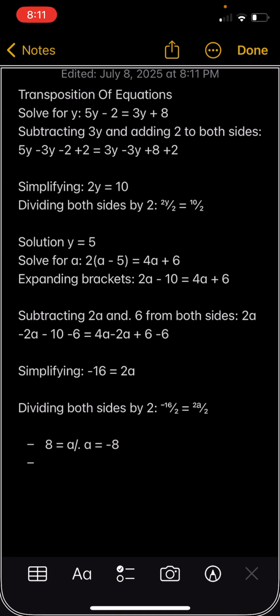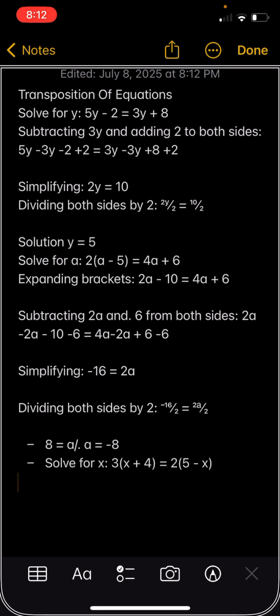So much for that. The third one. Whereas in the previous equation we had brackets on one side, in this one we have brackets on both sides. So we have to expand the bracket both on the right side and on the left side. On the left side we have to distribute that 3 inside of the bracket, and on the right side we have to distribute that 2 inside of the bracket.